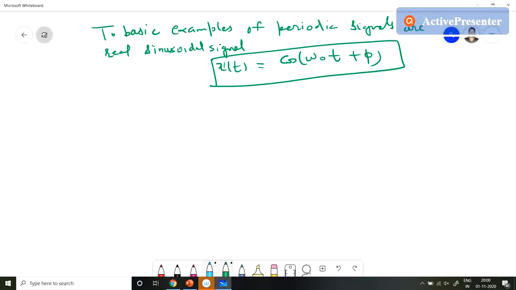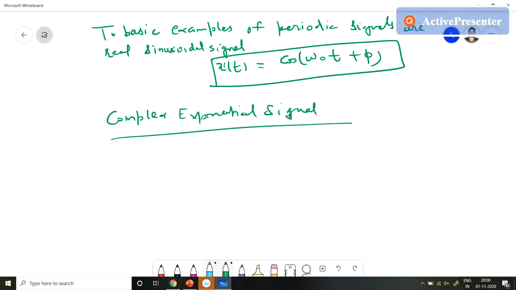There is another example, that is the complex exponential signal. This is also an example of a periodic signal, that is x(t) is equal to A e raised to the power j(omega naught t plus phi).